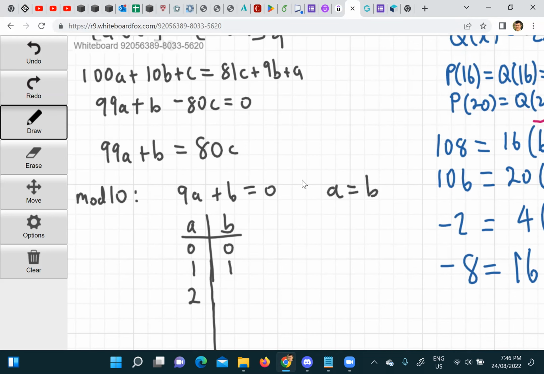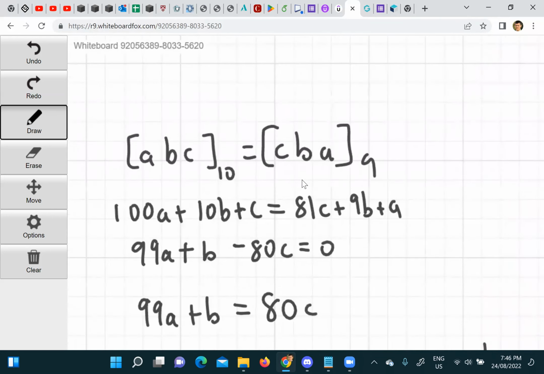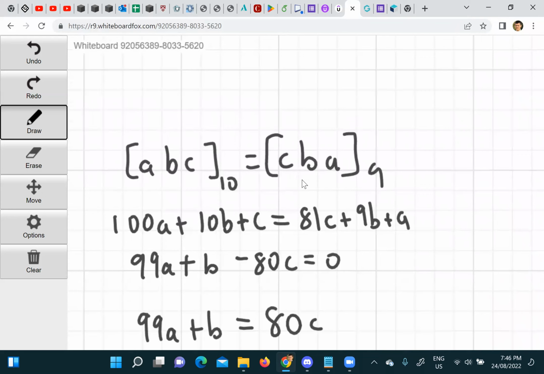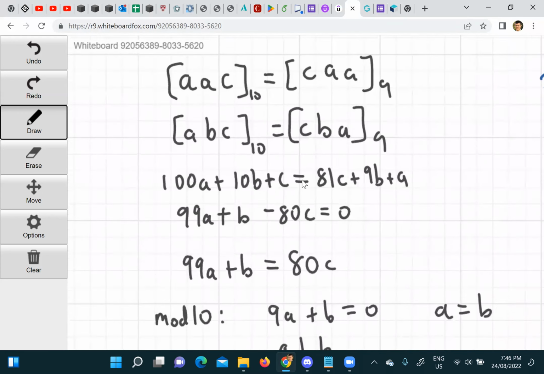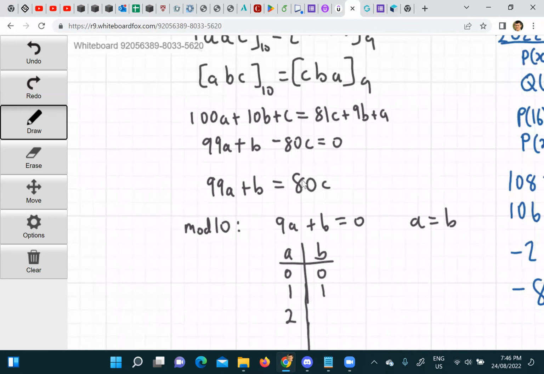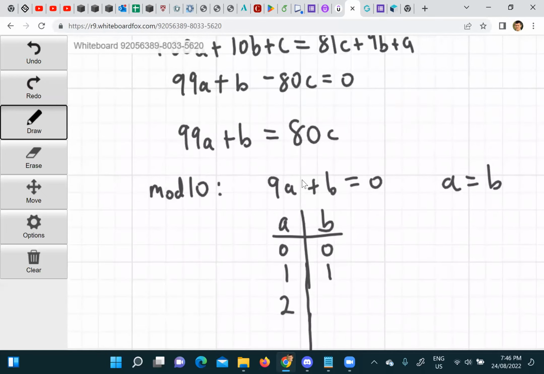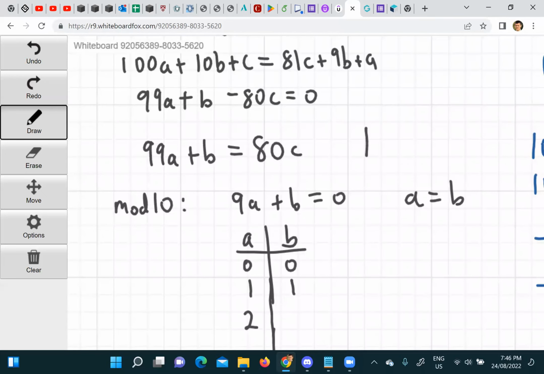So then we get basically AAC equals CAA, or another way of saying that is we get 100A equals 80C, right?